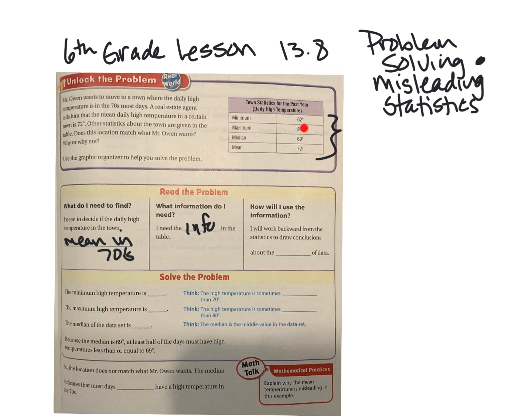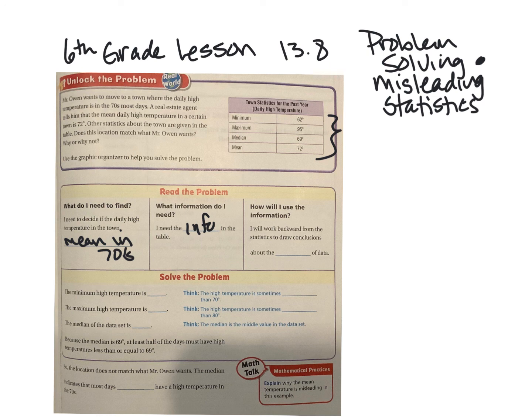So the maximum is 95. That means there's probably some in between that 95 to 70 degree section. The median is 69 and the mean is 72. The real estate agent tells him the mean is 72, and at first Mr. Owen's like, oh yeah, that's what I'm looking for, an average temperature of 72. But remember our outlier thing in our previous lessons?